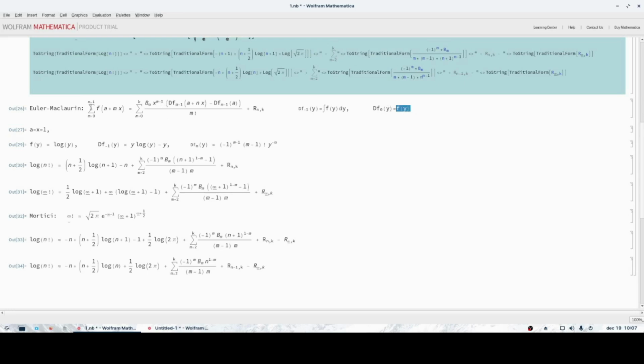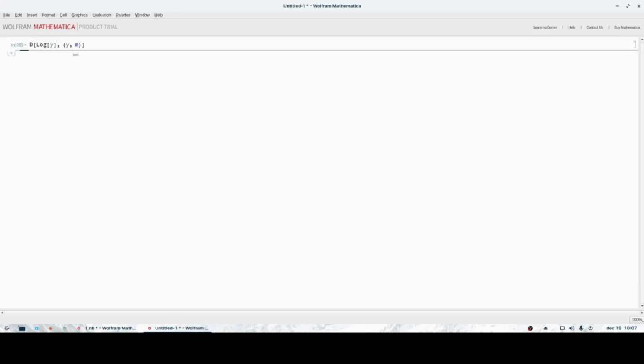So start to plug in all, plugging in 1 for a and x, and for the function to be the natural logarithm, we end up with these results. The antiderivative of the natural logarithm is this function. The 0th is the natural logarithm, and the others, where m is greater than 0, should be this formula. This formula is also given by Mathematica.